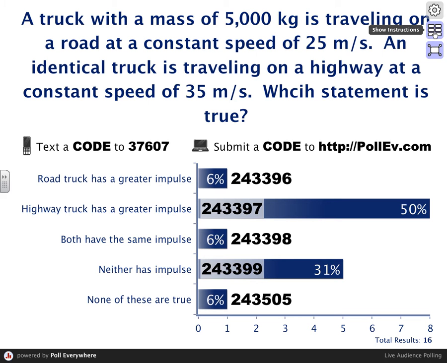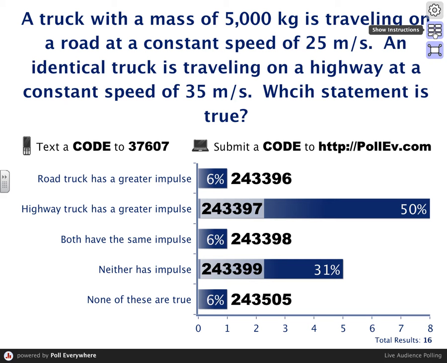All right. Correct answer is, going back to our definitions, what did we say that impulse does? It causes a change in momentum. But what does it tell you about both of these trucks? They're both moving at a constant speed. Are their momentums changing at this point in time?